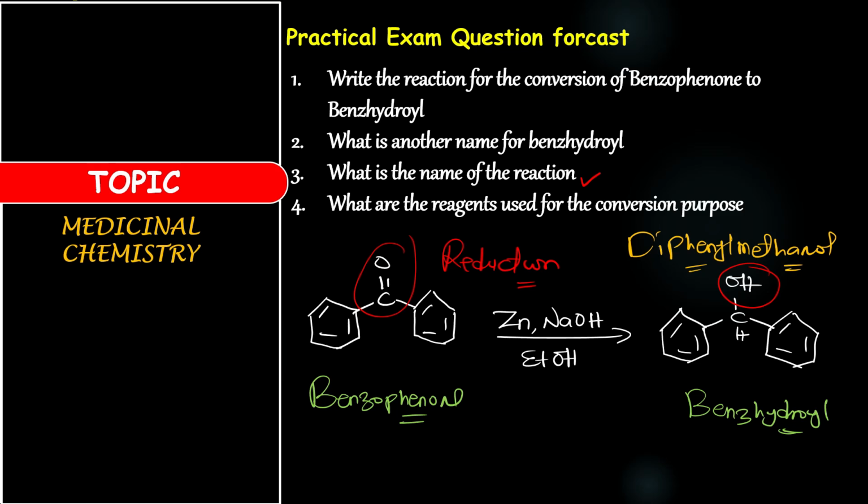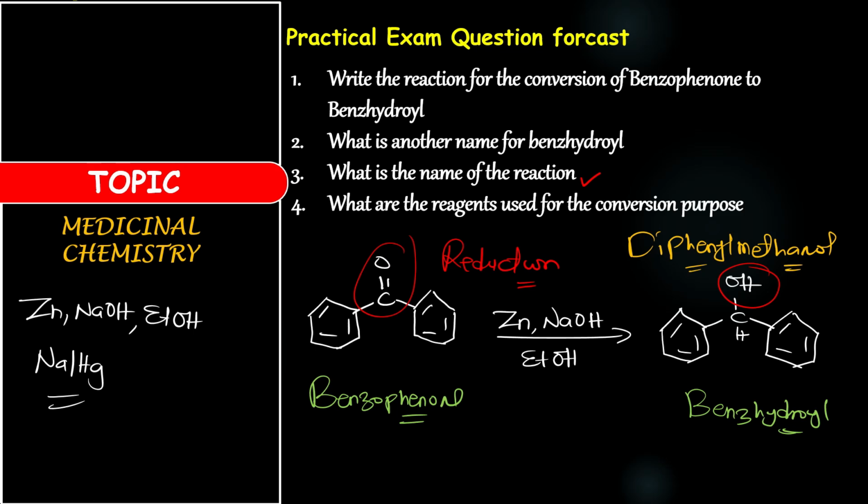Now, what are the reagents used for this conversion? Stated some of them here. You have zinc, sodium hydroxide, ethanol. You also have other ones like sodium amalgam, which is sodium and mercury. Generally these are the reagents that are used for the conversion.